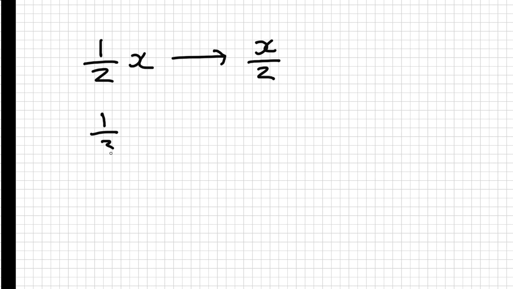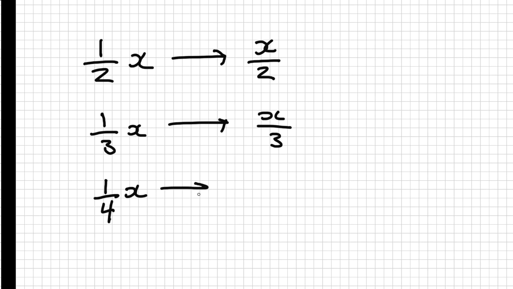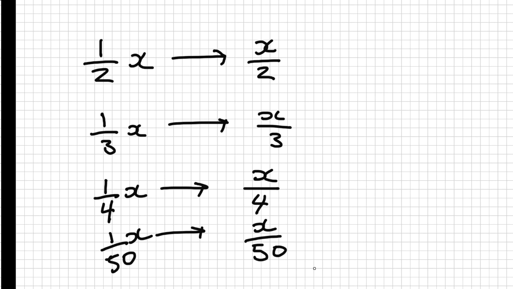If I have 1/3 x, this is the same as x over 3. If I have 1/4 x, this is the same as x over 4. We can go on forever. I could have x over 50, 1 over 50 times x equals x over 50.